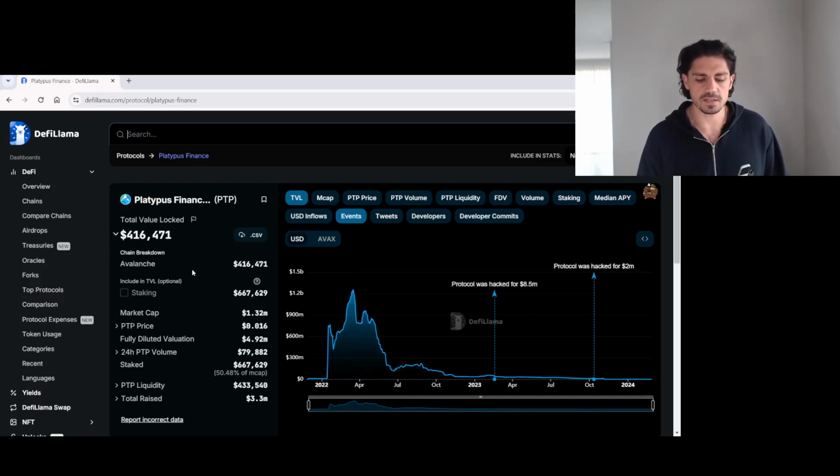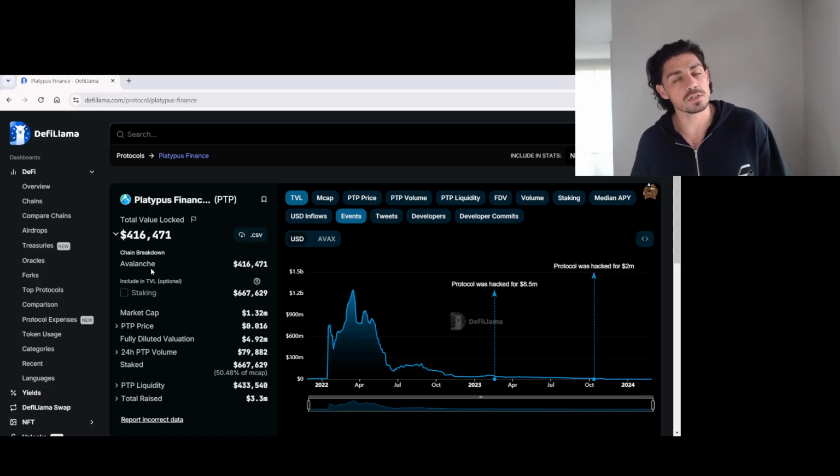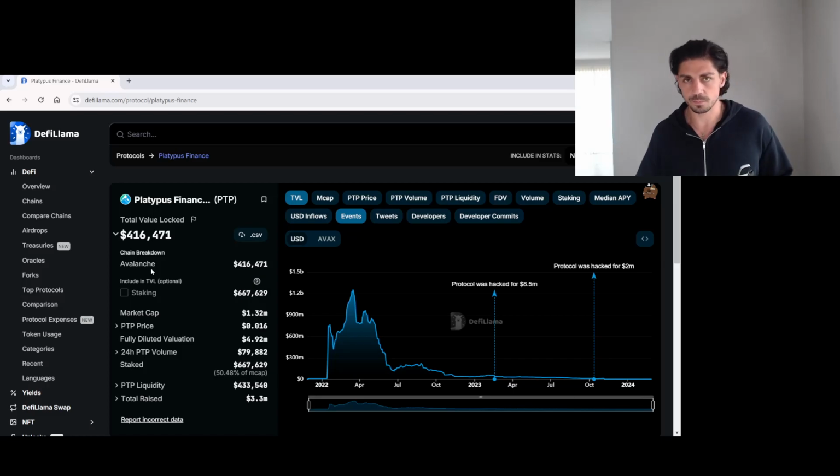The reason is because it was Avalanche native and their timing was perfect. And they were providing a really nice service, which is a stablecoin swap. They provided liquidity for stablecoins, right? So if I'm in Tether or bridged Tether, USDC or bridged USDC, I was able to get in and out of those different stablecoins with very low fees.